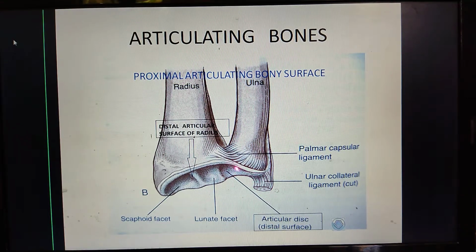This is this triangular cartilage, the articular disc of the inferior radioulnar joint. So you see that these two articulating areas together form an oval socket-like structure.